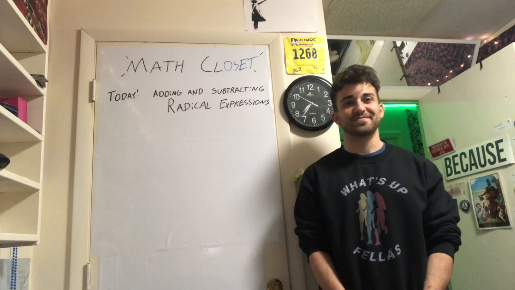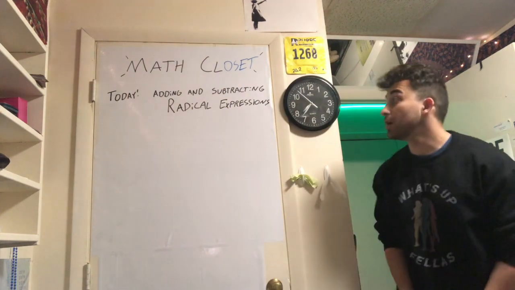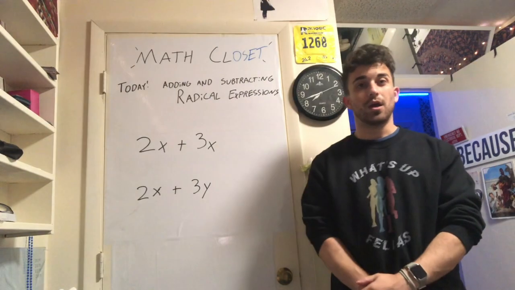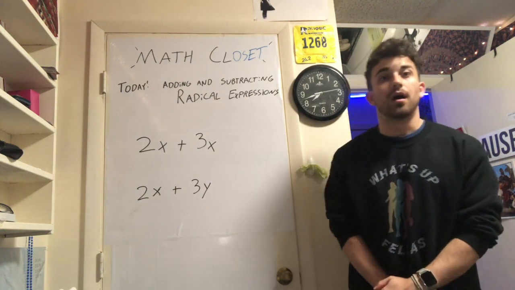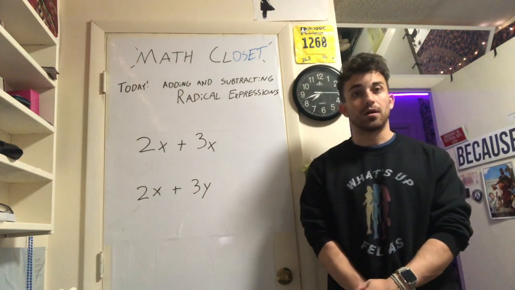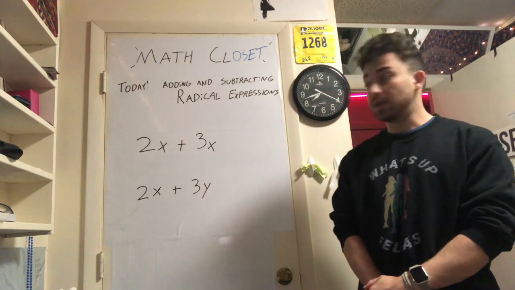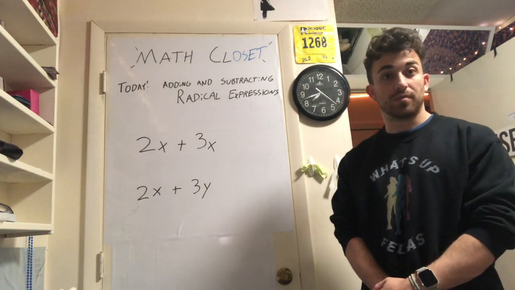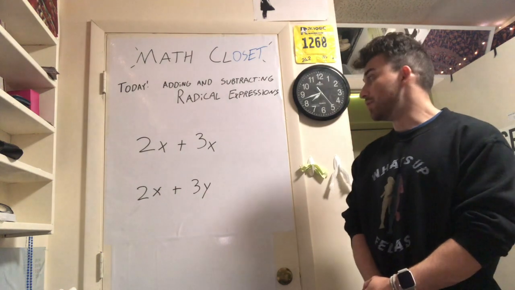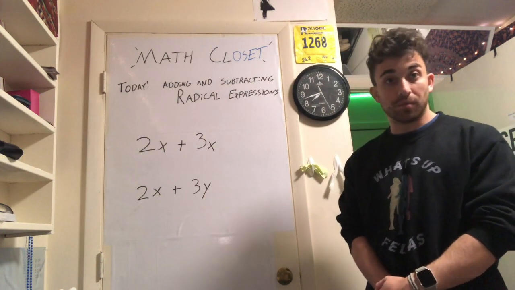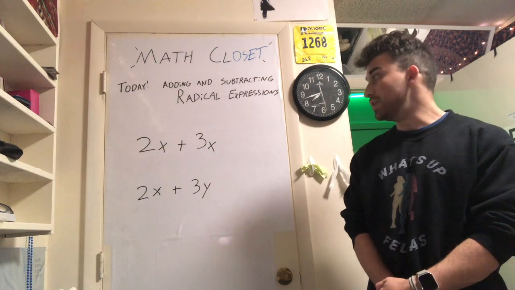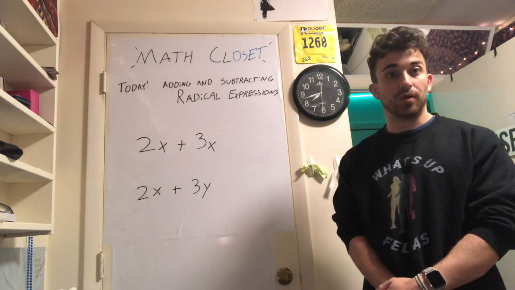Good morning. Today we are going to be talking about adding and subtracting radical expressions. Before we jump into that, I wanted to refresh you really quick on combining like terms. We've used that in the past mostly when we worked with expressions with potentially different variables, and you'll remember that in order to combine two different terms, you need to have the same variable in them.